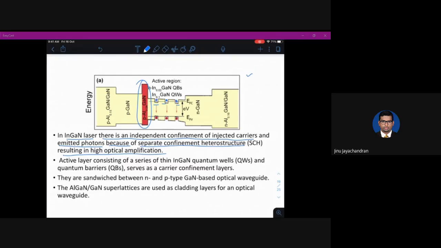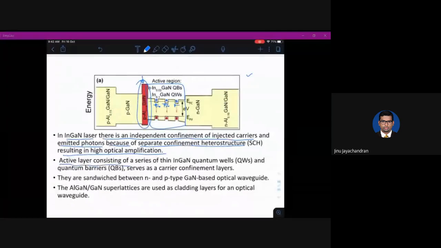The carriers are confined. Confined means it is not able to come out of that barrier. It's basically because of the separate confinement heterostructure, because you have confinement all along the wells here, and also along this because of this barrier. So there is a separate confinement heterostructure which results in high optical amplification. Why? Because each photon created creates two new photons inside the structure itself. Okay, and it keeps on amplifying.